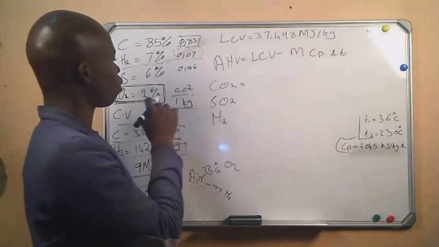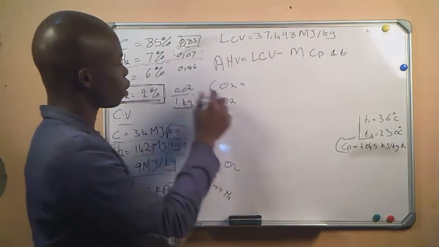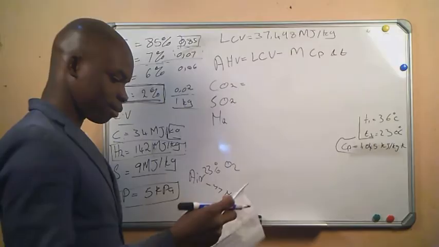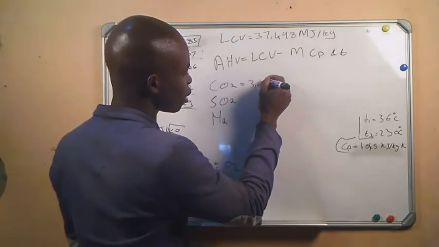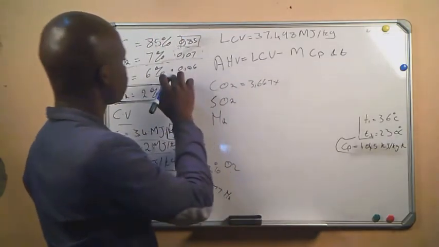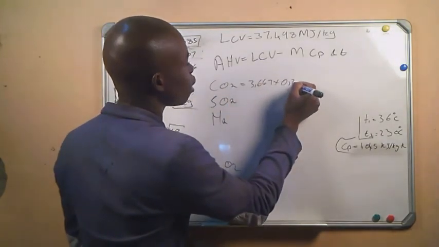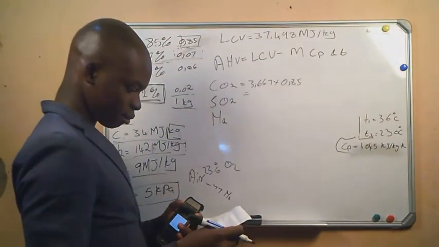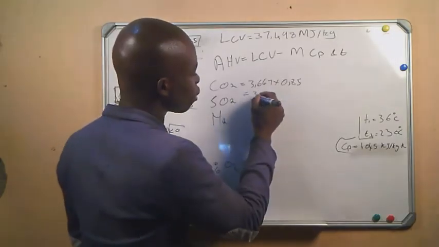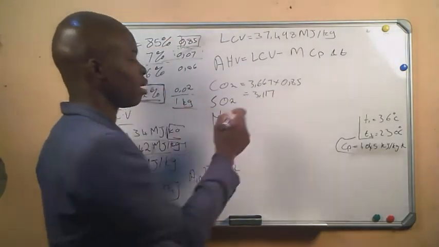So we know that the mass of carbon dioxide will be given by 3.667 times 0.85, and I got my answer as 3.117 kg, and this is from our previous chapter.